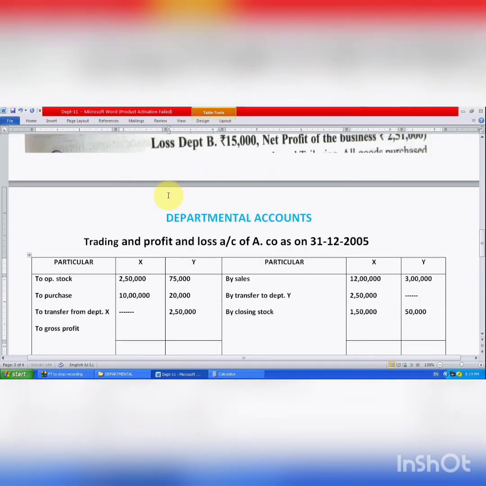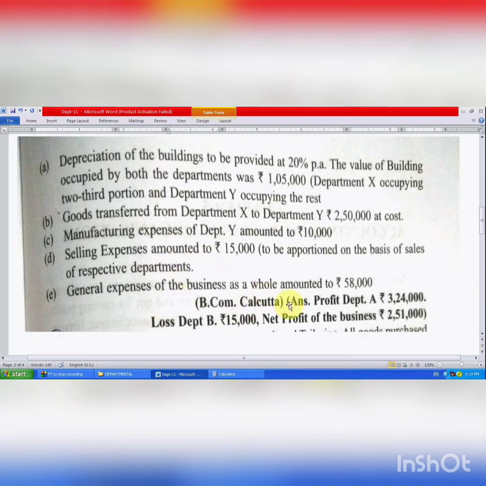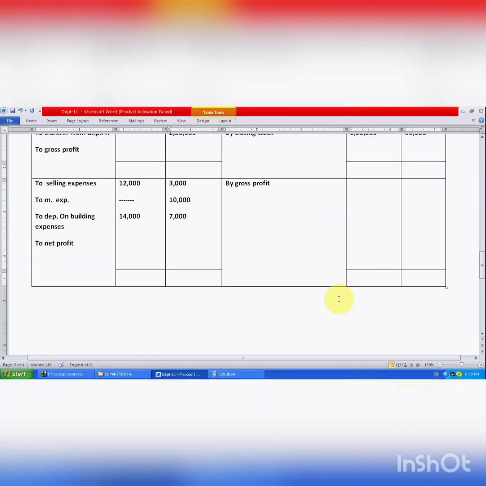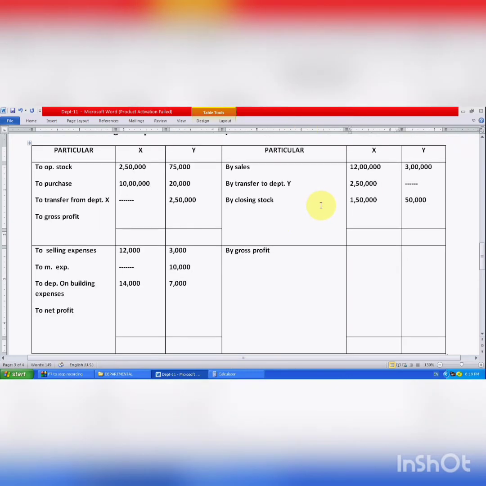Okay, so is there any entry remaining? General expenses. We will do it later. Now see here, just transfer, calculate this one. 12 lakh, 12 lakh, 14 lakh, 15 lakh, overall 16 lakhs. So write 16 lakhs. Here 3 lakh 50,000.